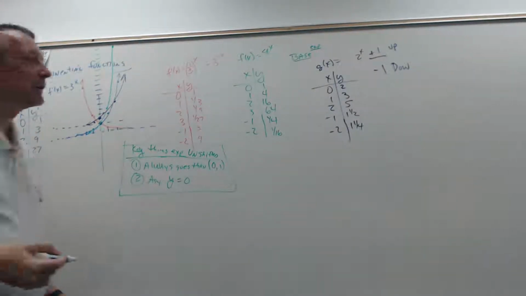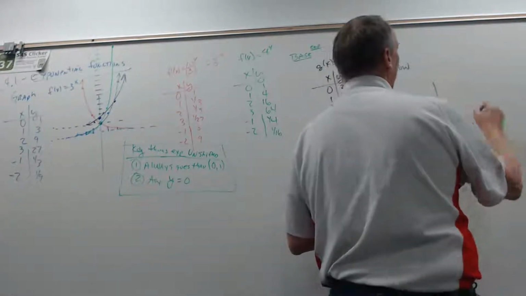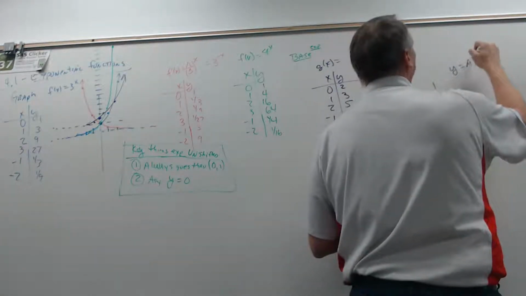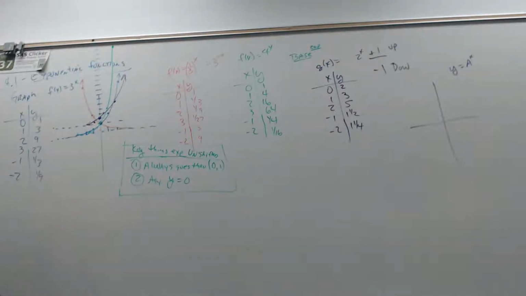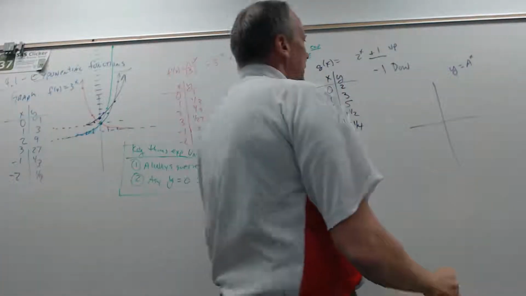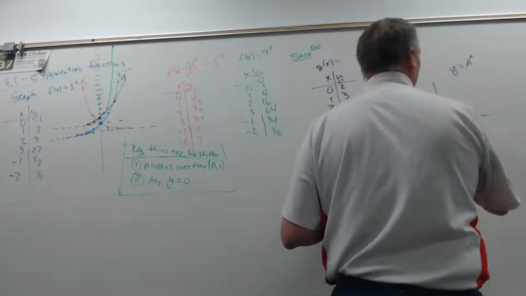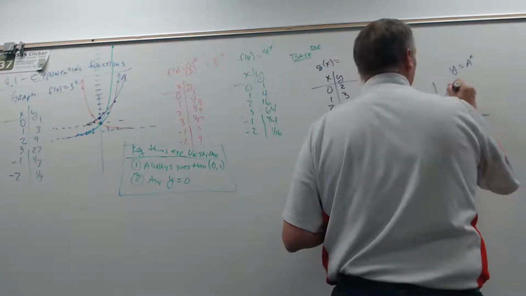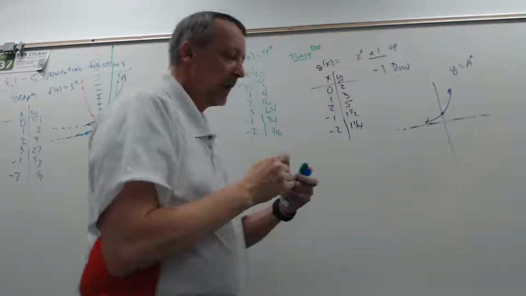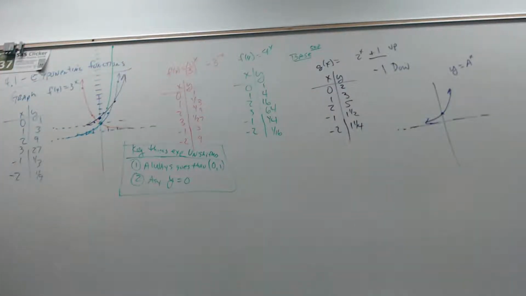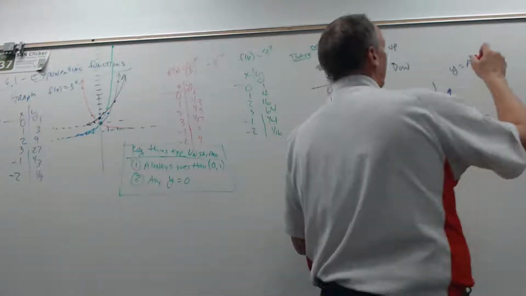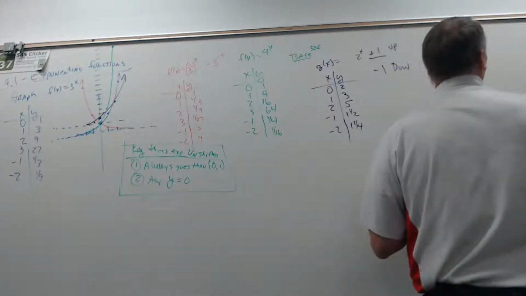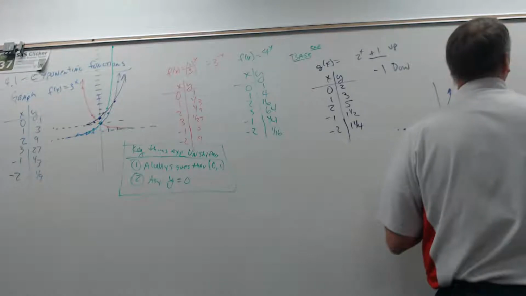So one way to think about this, I'm going to give you a general form: y equals some value a to the x power. Normally we would have this point and it would go like this. Let's assume that a is a positive whole number.